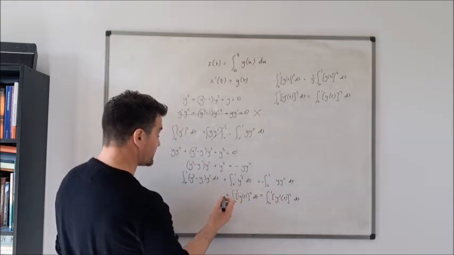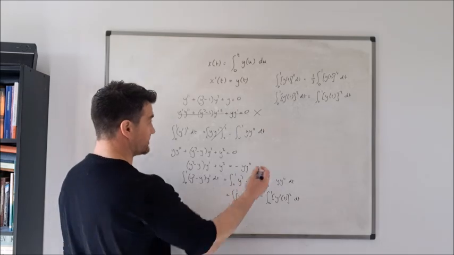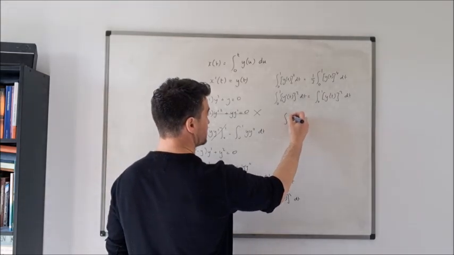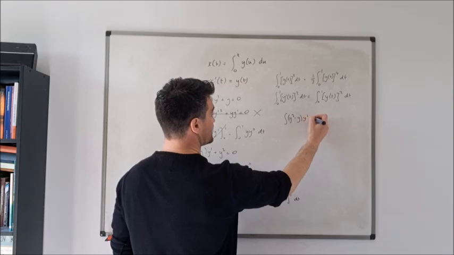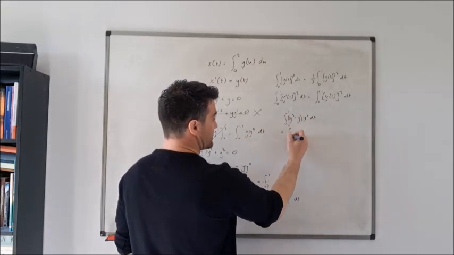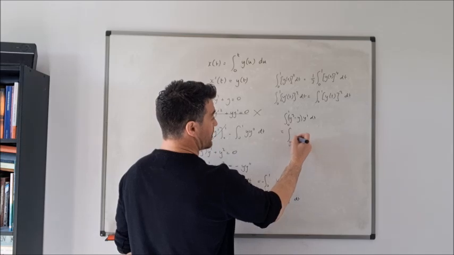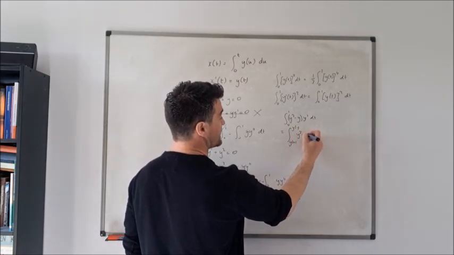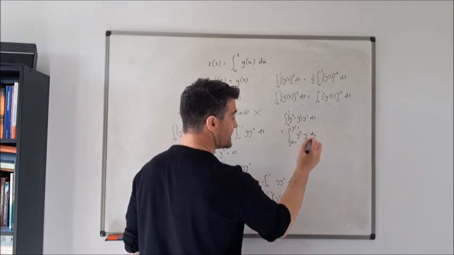The only thing that I've got to worry about now is this thing here. So we've got the integral of y cubed minus y prime dt from 0 to 1. Well, this is just equal to the integral from y of 0 to y of 1 of y cubed minus y dy.